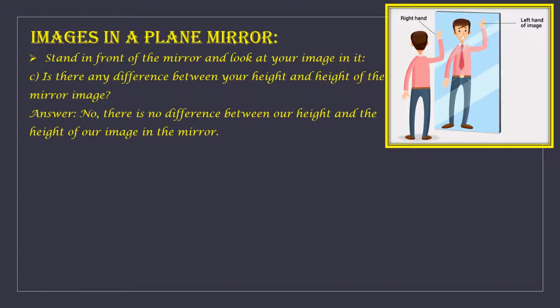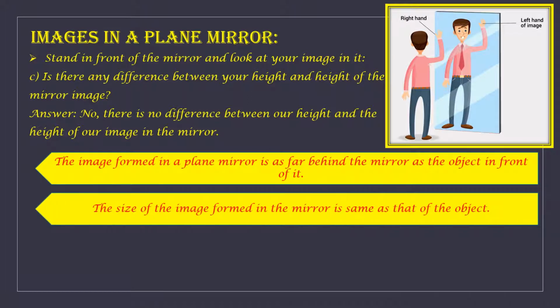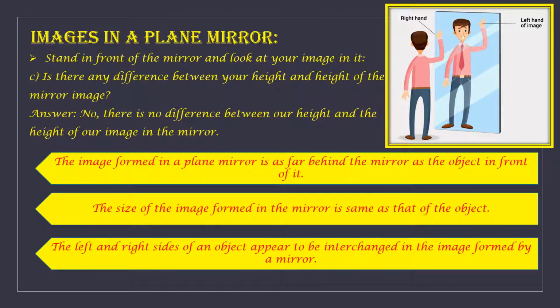So we can say that the image formed in a plane mirror is as far behind the mirror as the object in front of it. And the size of the image formed in the mirror is same as that of the object, and the left and right sides of an object appear to be interchanged in the image formed by a mirror.